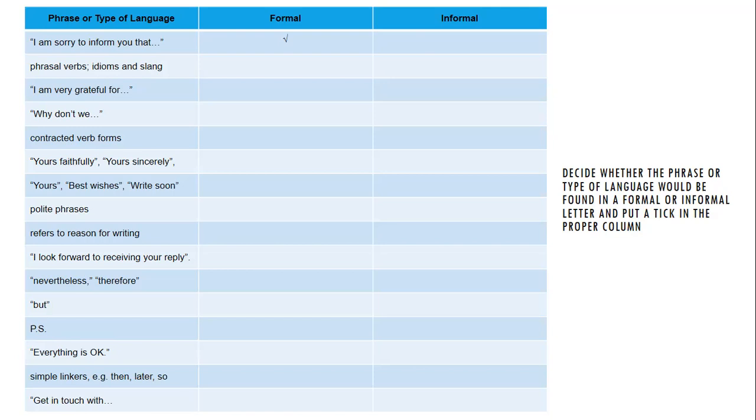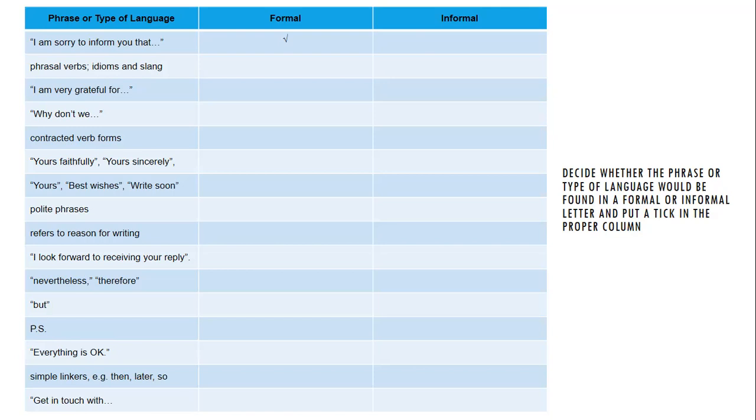Refers to reason for writing. Formal. I look forward to receiving your reply. It can be formal. It can be both, yeah, formal and informal, because this is the way to end your letter. Nevertheless, therefore, both, yes.